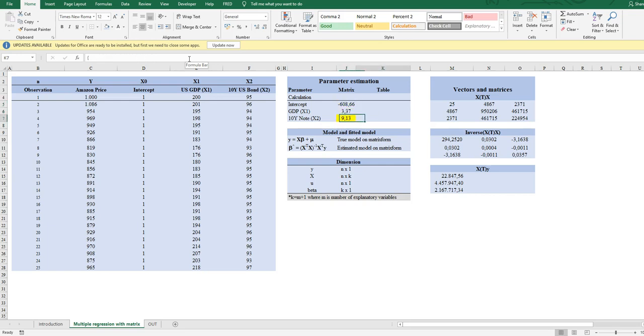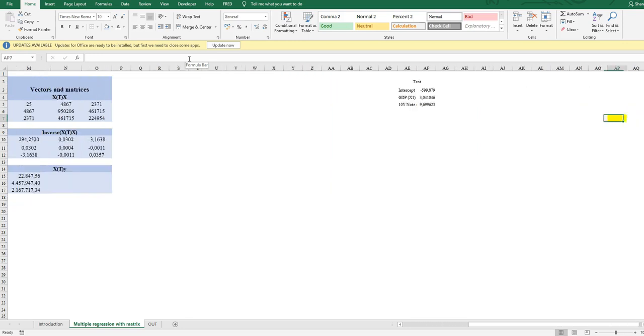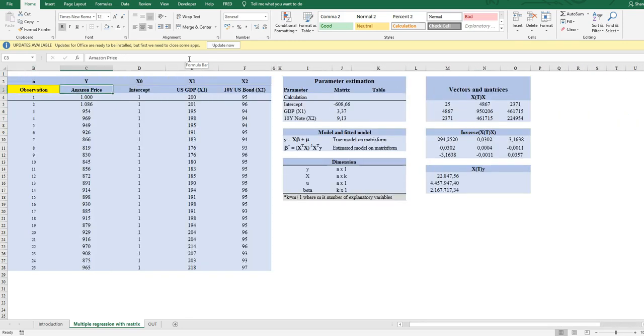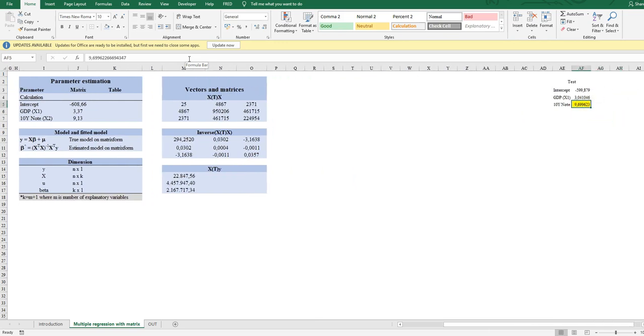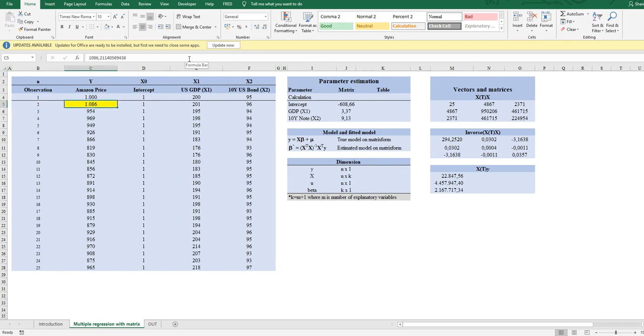So this was the relationship, and I'll just take a look if that was correct. It looks so. Okay, not 100%. 969. Okay, I have probably typed in a number somewhere.